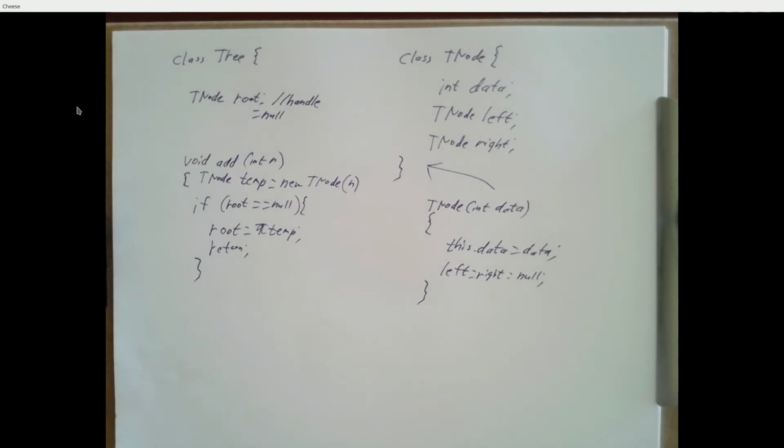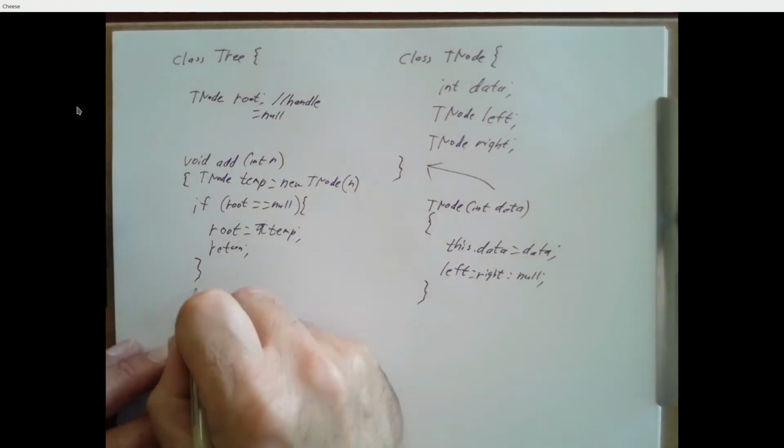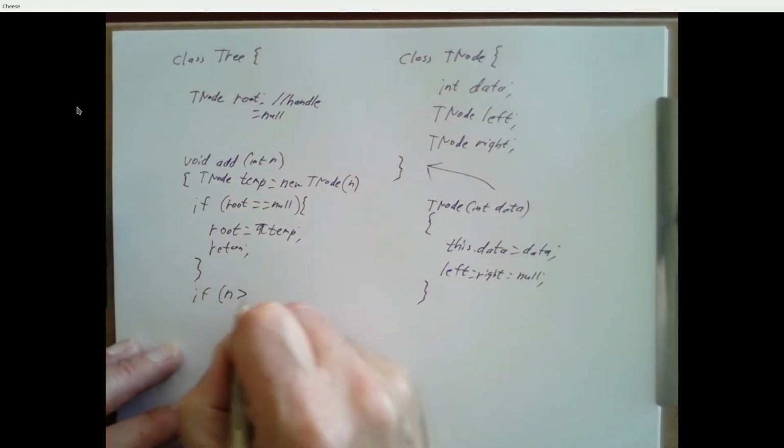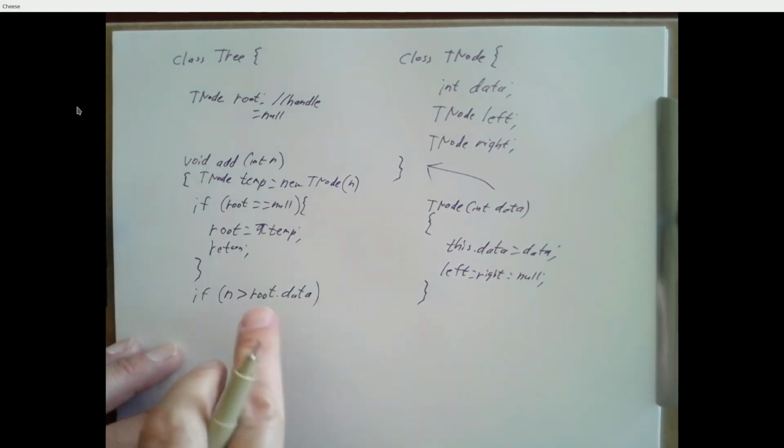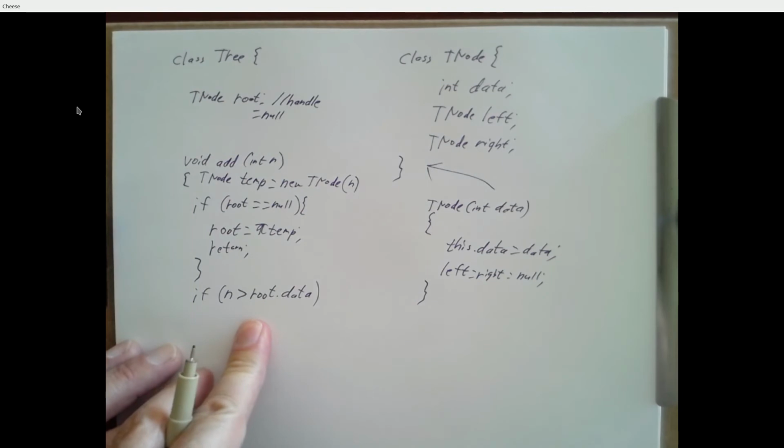So what if the root's not null? There's a couple of answers here. Compare n to root.data. Can this throw an exception? If root.data is null.